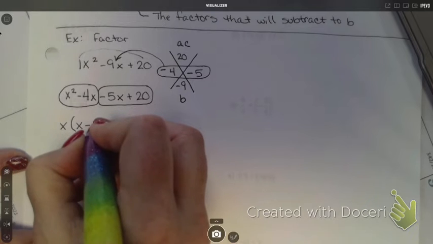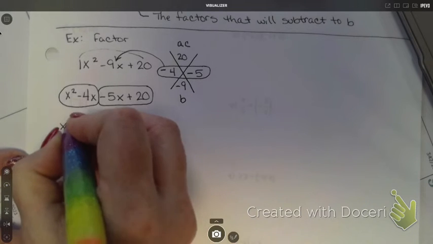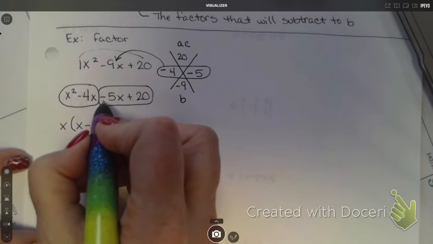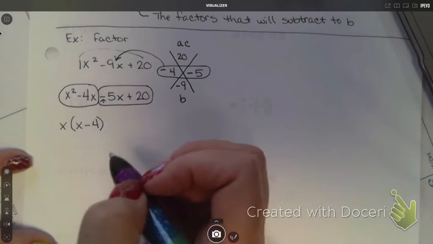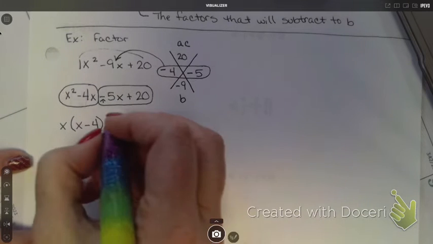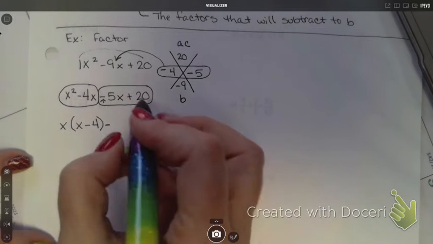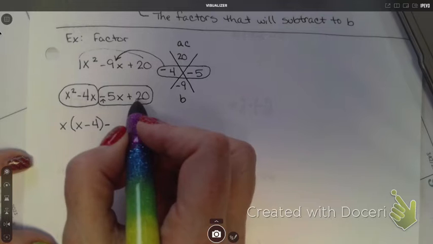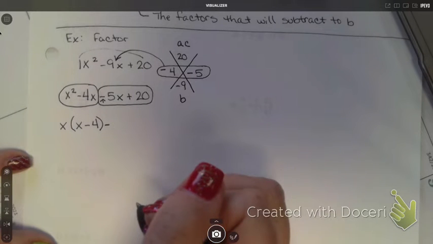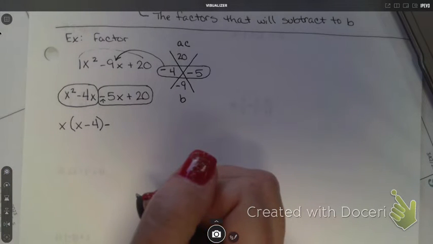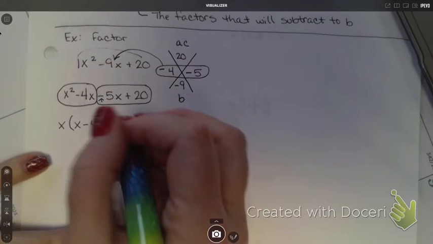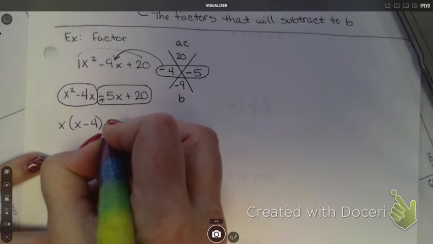X minus 4. Now, on the second group, whatever this sign is right here, you factor it out. Negative 1, so it's a negative. Now, does 5x plus 20 have anything else in common? About 5. Doesn't 5 go into 20? Yeah. So we're factoring out negative 5.